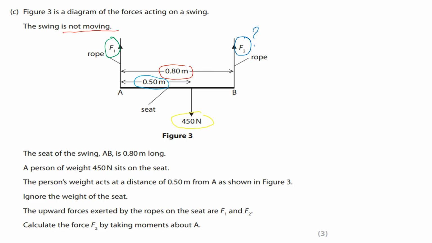Now this question is still about moment, but it's a moment that has to do with equilibrium. I'll use another example to illustrate what equilibrium is all about before we answer this question. Let's say we have a ruler balanced on a knife edge, and don't forget the definition of a moment.